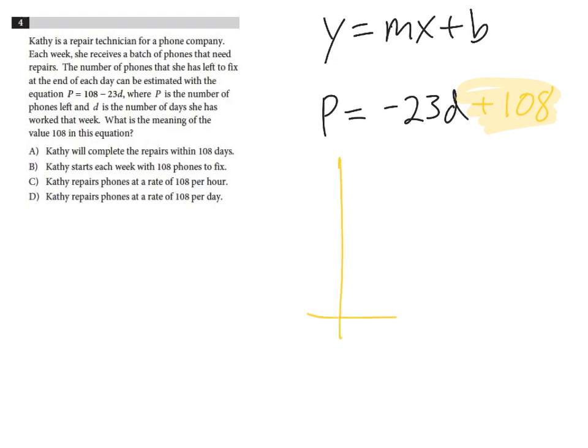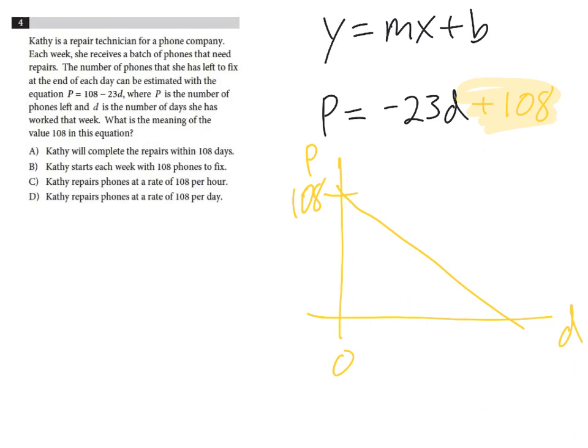The function is outputting P, the number of phones left, and the input is D, the number of days she's been working, and we have a negative slope. What this is saying is that after 0 days, she has 100 phones left.